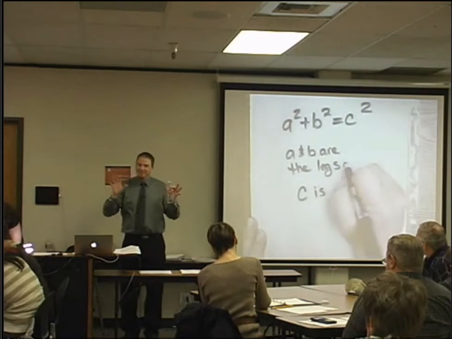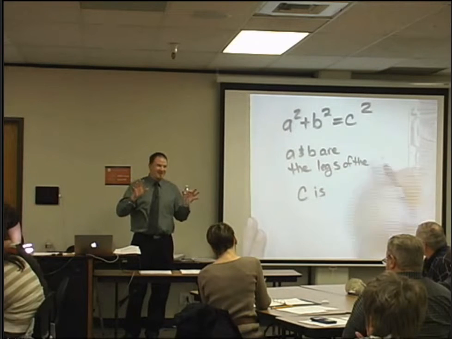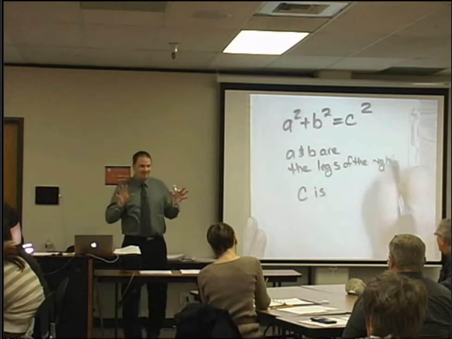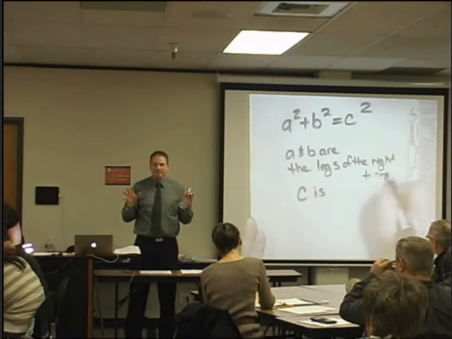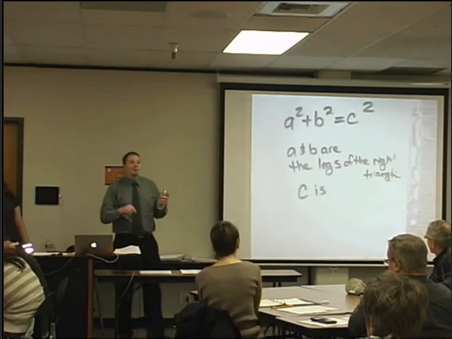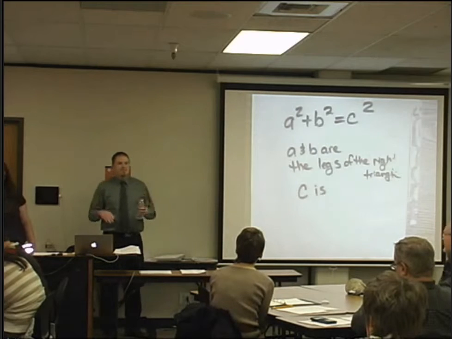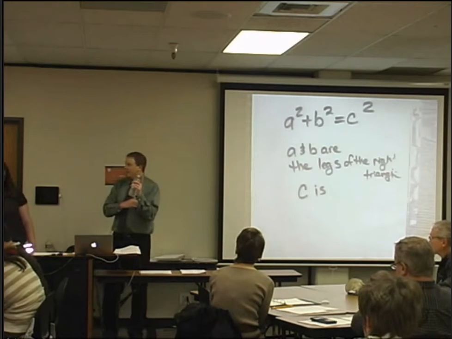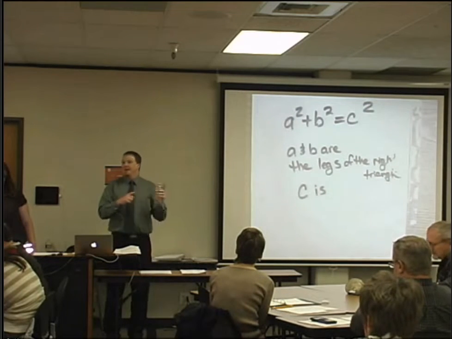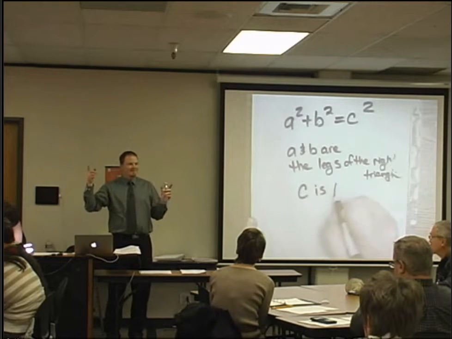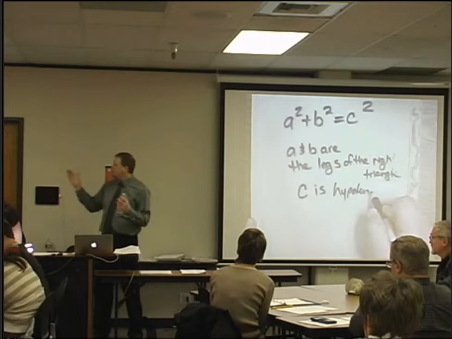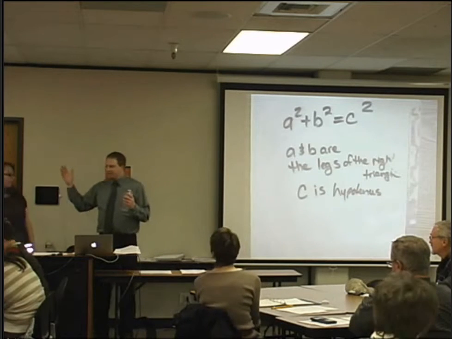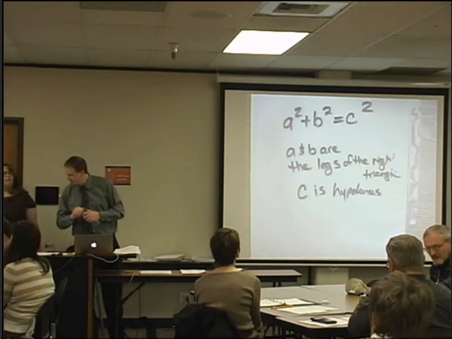Pythagorean theorem only works if we have a right triangle, not a wrong one. It has to be the right one. What do we mean by a right triangle? 90 degrees. Okay, it has a 90-degree angle. So the legs are the two sides that make up that right angle, right? And then what's that side opposite called? The hypotenuse. Okay, so the side that's opposite the right angle is the hypotenuse.